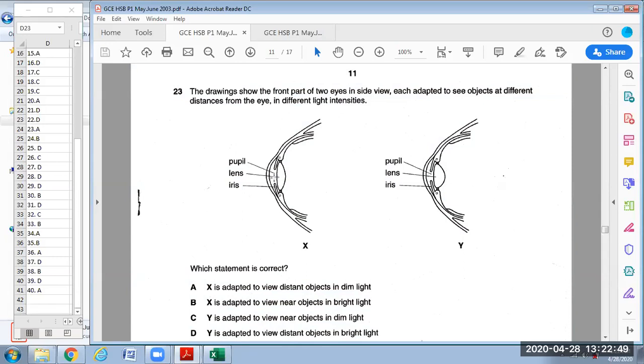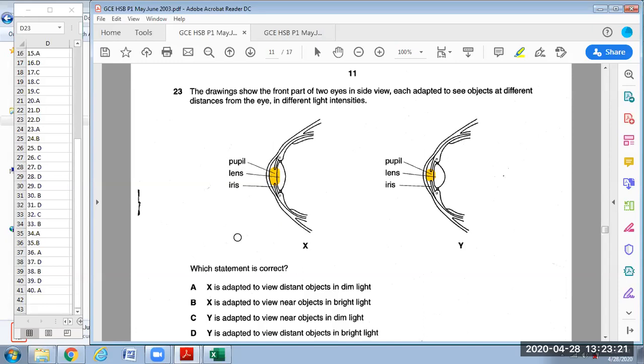Now, the catch is, let me actually use some kind of highlight. You see in the distance here now, the pupil size is larger here compared to this pupil size in figure Y. So that means if this pupil size is larger, the person would have been in a dim setting, dim light, because the pupil opens to get as much light in as possible.